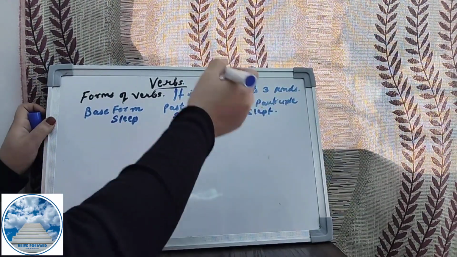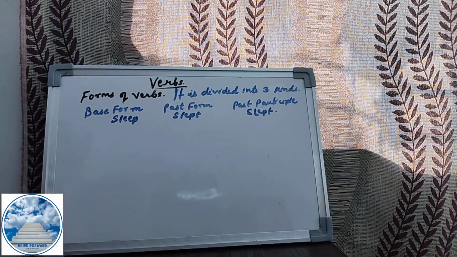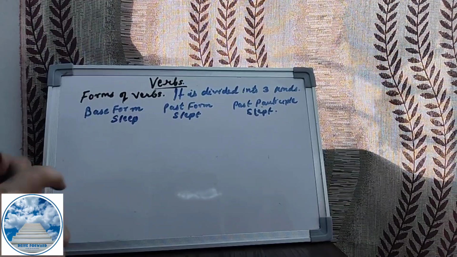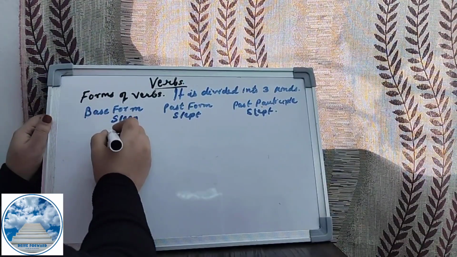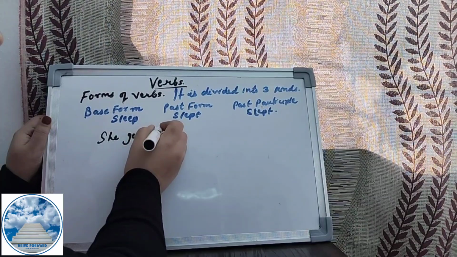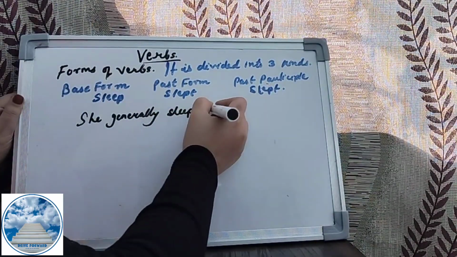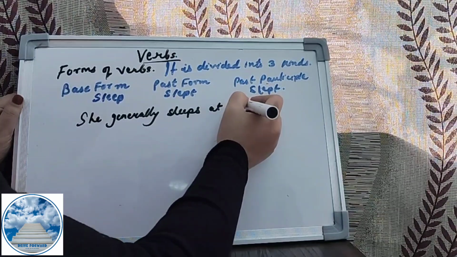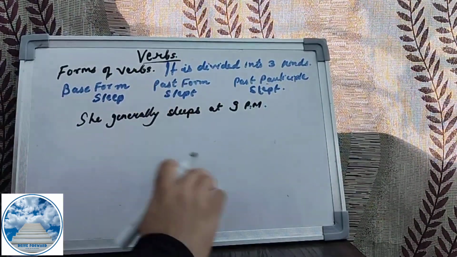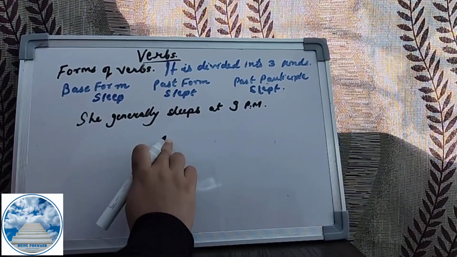So, she generally sleeps at 9 p.m. Right? She generally sleeps at 9 p.m. So this is simple present tense.